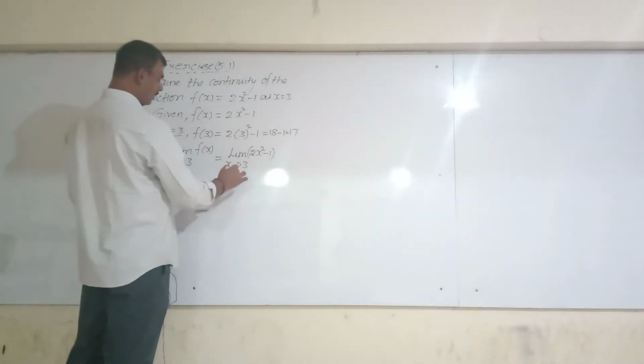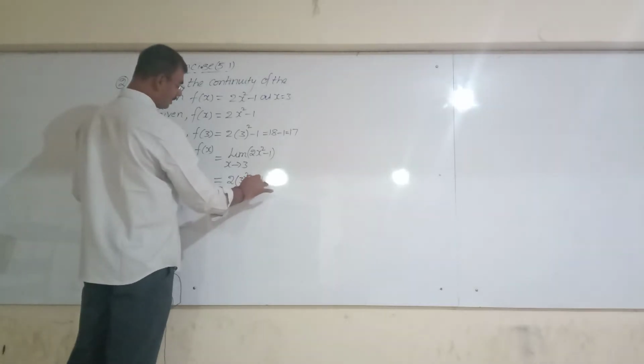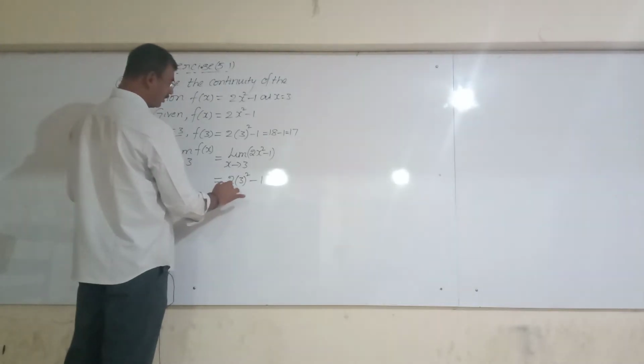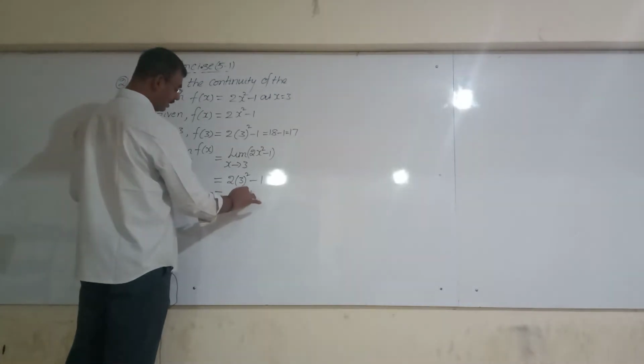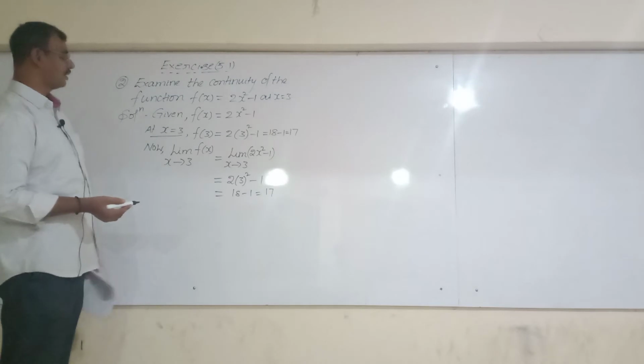Now here also apply the limit: 2 into 3 square minus 1 is equal to 18 minus 1. This equals 17. Clear? Yes, very simple.